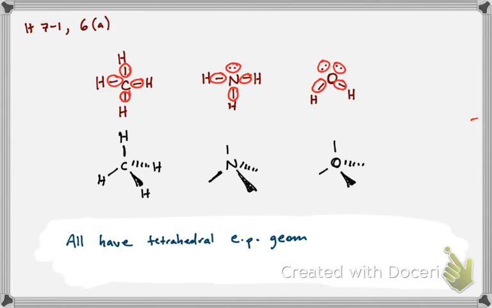And for methane, this has a molecular geometry which matches the electron pair geometry. So our molecular geometry here is going to be also tetrahedral. The bond angle for the tetrahedral case is going to be 109.5.